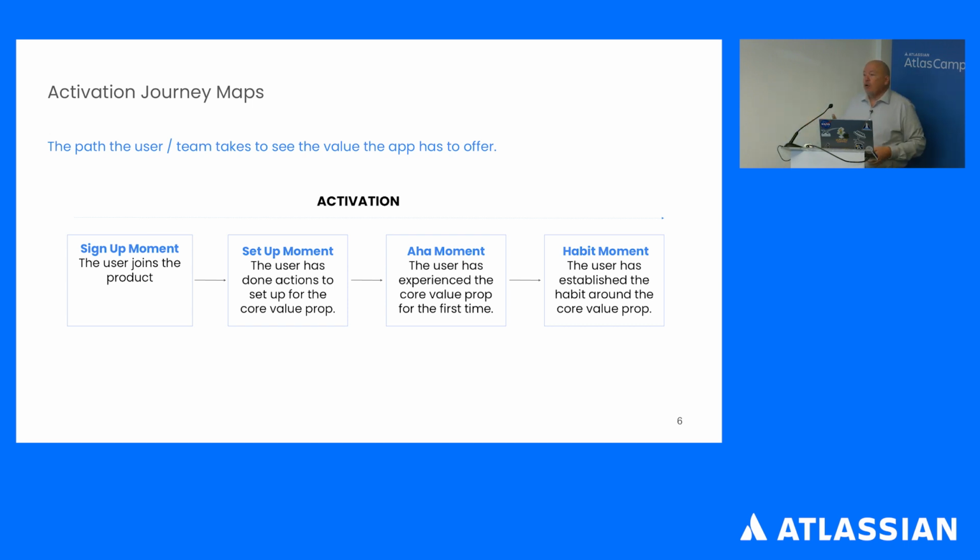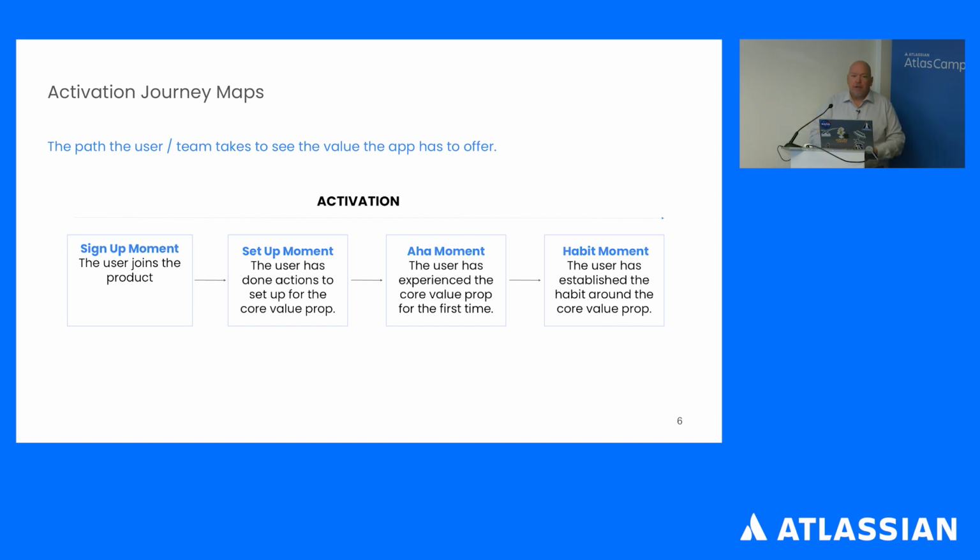The aha moment is when your trial user has successfully set up the app and made the app do the valuable thing, the whole reason they started the trial in the first place. So it's, aha, it actually does what it says on the tin. I get it.